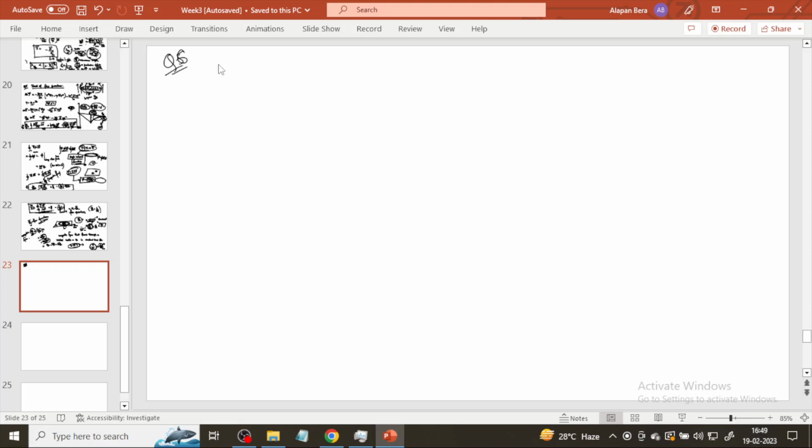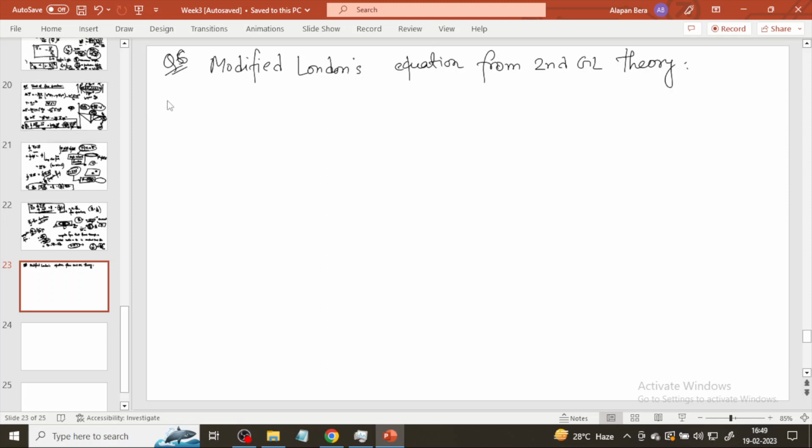So question number 6 is: how can we get the modified London's equation from Ginzburg-Landau theory? Let's try to answer this.